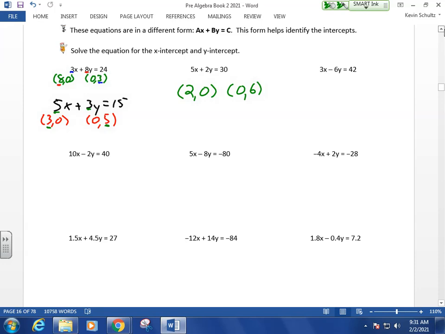Take a look at the position of the x-intercept here and where it showed up in the equation, and take a look at the y-intercept here and where it showed up in the equation. Wouldn't 6x plus 2y equals 12 work for this one?